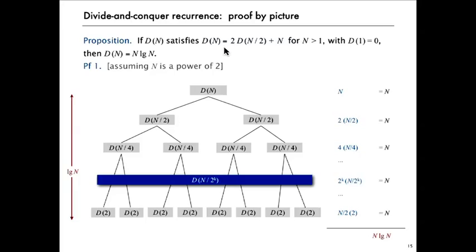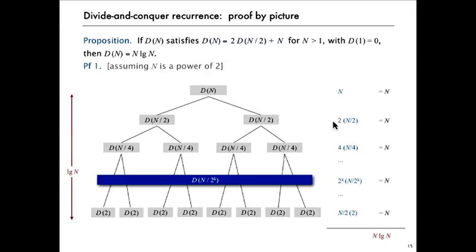If n is a power of 2, then n over 2 is also a power of 2, so the recurrence makes sense. So this is just a graphical representation. If we want to compute d of n, we want to compute d of n over 2 twice. So that's 2 d of n over 2. And then the extra cost for the merge is n.